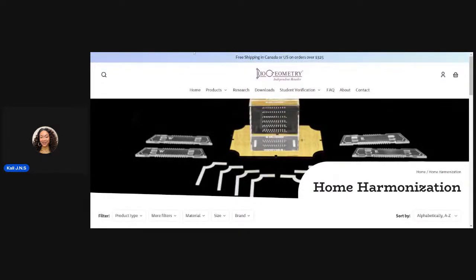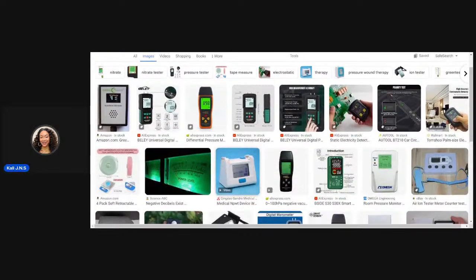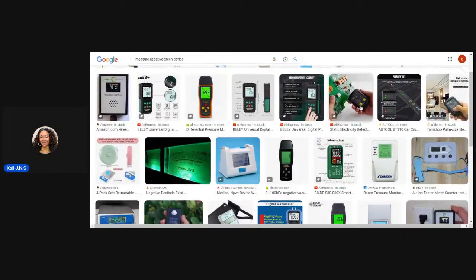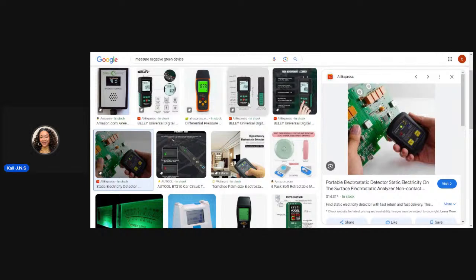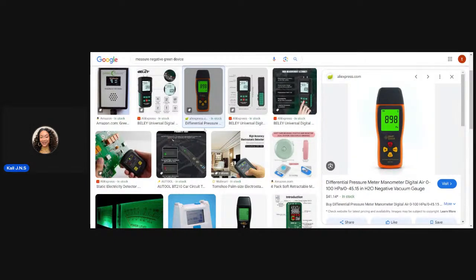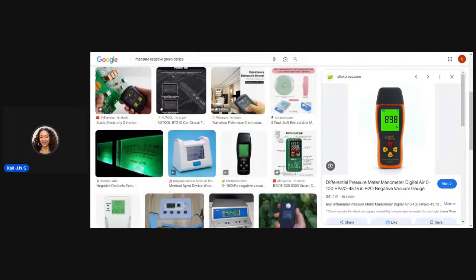Let's look, if you want to measure. Let's see. Measure negative green device. Okay. I used to have one of these. Sure did. I used to measure this stuff. I bought one from Amazon, I think.